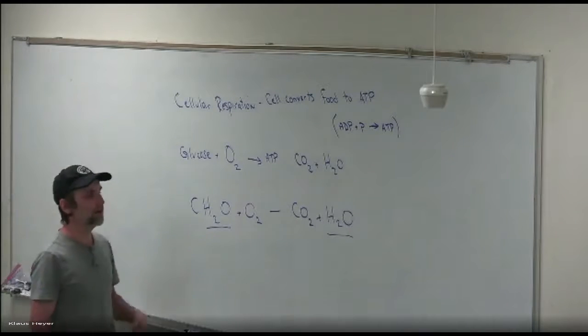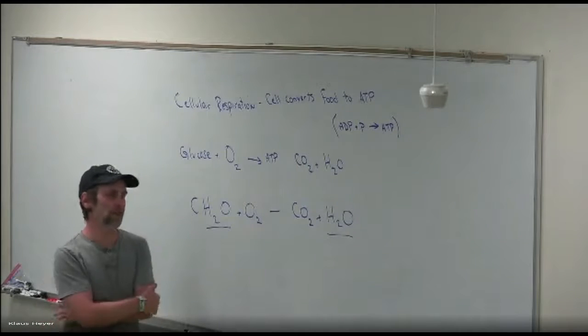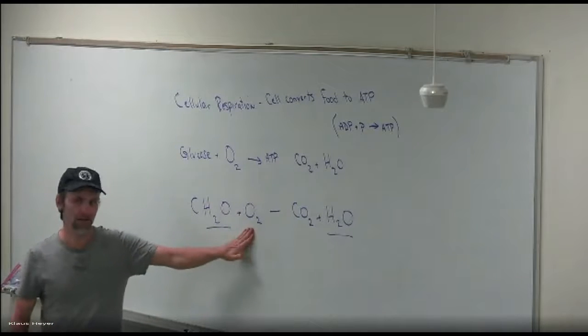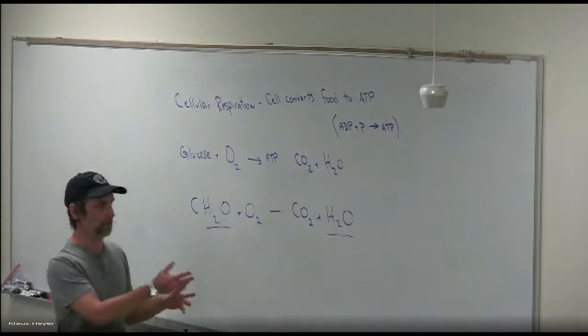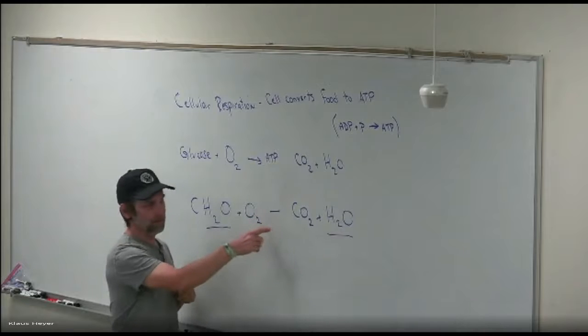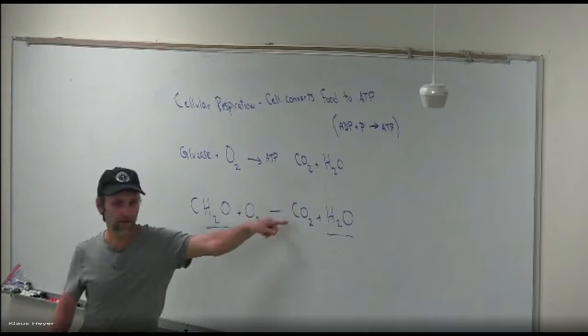That also gives you an answer to a question: why exactly are we breathing? Think about what you're breathing in, oxygen, O2, and you're breathing out CO2. The only difference between oxygen and carbon dioxide is the C, the carbon. It's like oxygen with carbon attached to it.